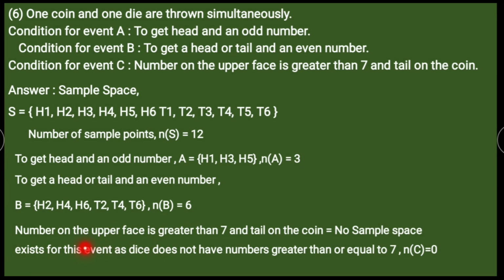So the event has no sample point. So we write that no sample point exists for this event, as the die does not have a number greater than or equal to 7. So n of C equals 0. So in this way we solve the questions of practice set 5.3.